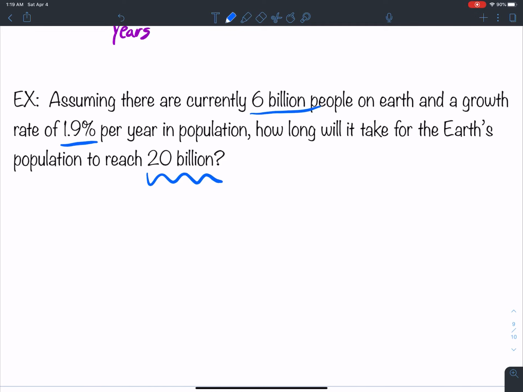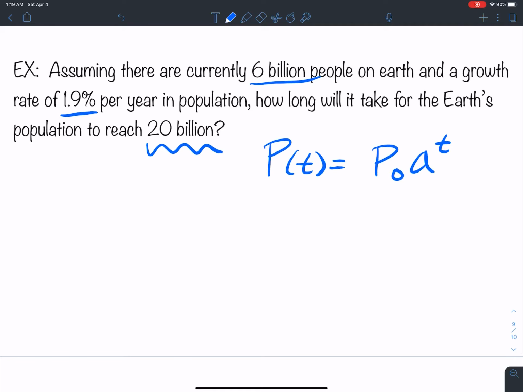So when we're talking about population, let's use our population formula. P of t equals P naught, a to the t, okay? Now, the P of t, this is the population at time t. The P naught, this is the initial, the starting population.